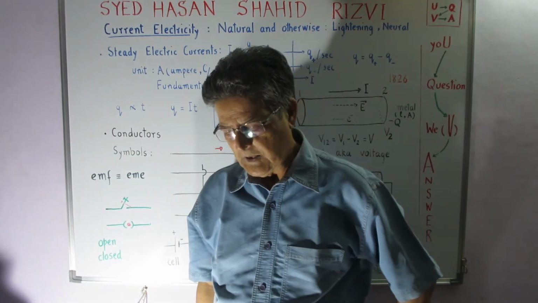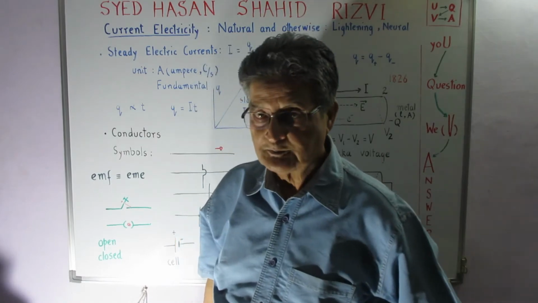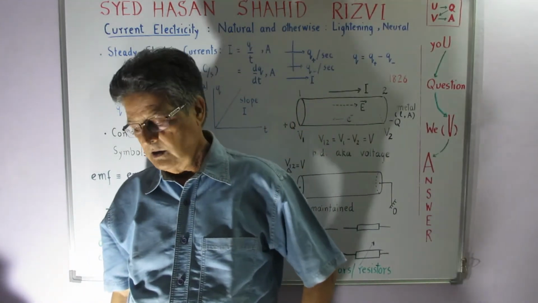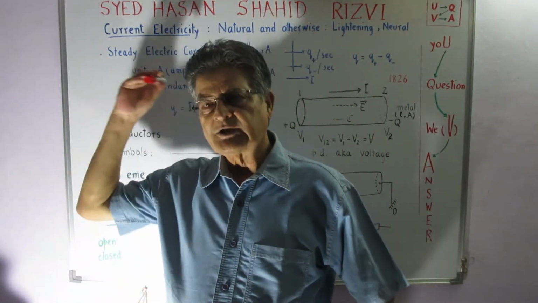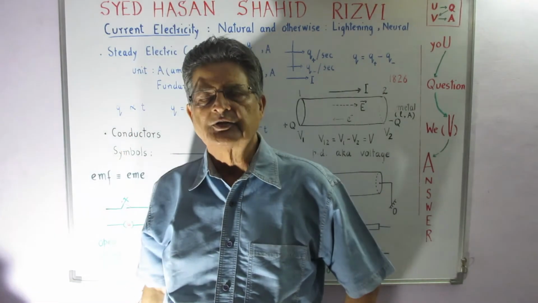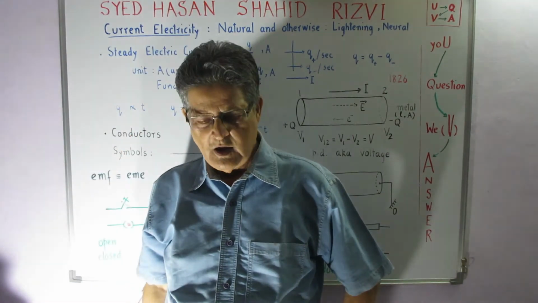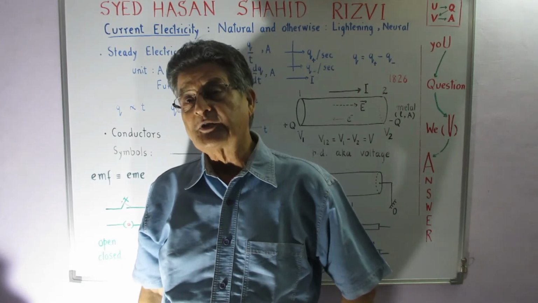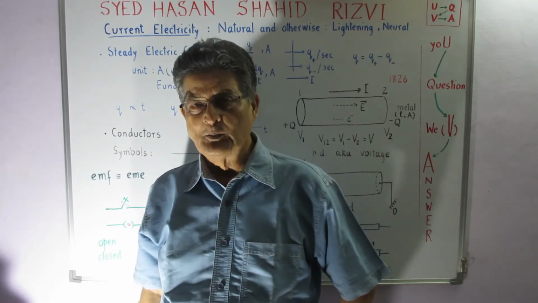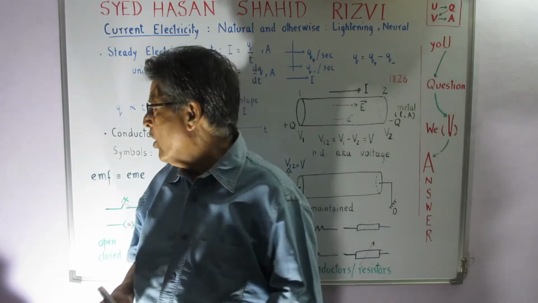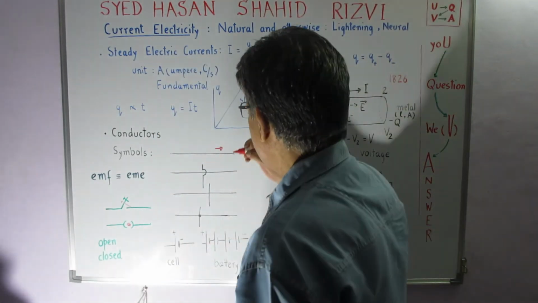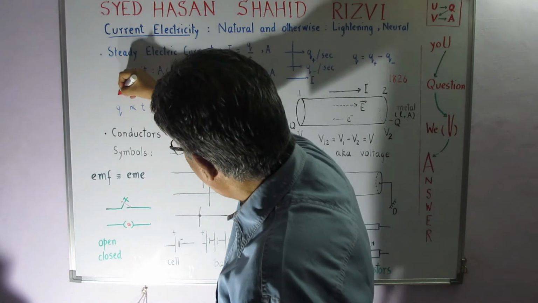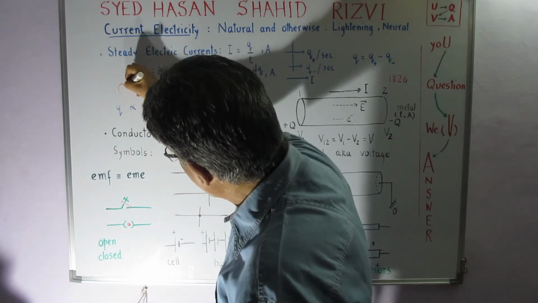Ohm was honored by making the unit of resistance the ohm, but the unit of conductance was 1 upon ohm. Ohm in Greek has a symbol like this.